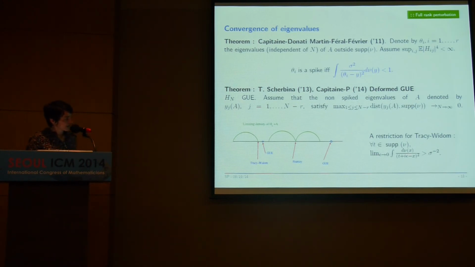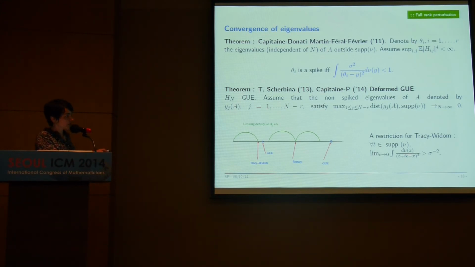So this question has been answered actually by Capitaine, Donati-Martin, Féral and Février in the recent years. So they have been able to give a necessary and sufficient condition so that there are outliers. So again, we need the entries to admit a finite fourth moment, but they are able to give these necessary and sufficient conditions so that an eigenvalue of A θ I is a spike.